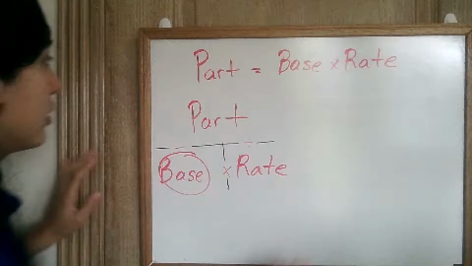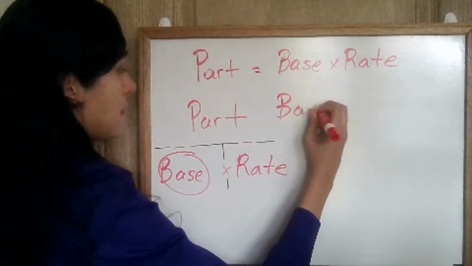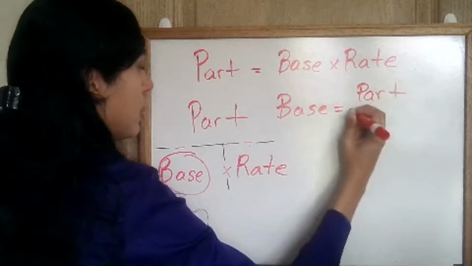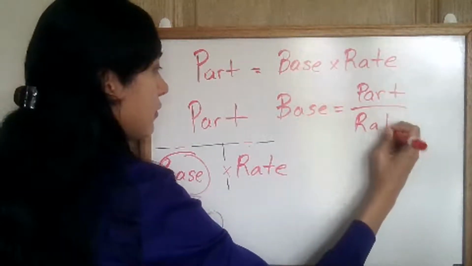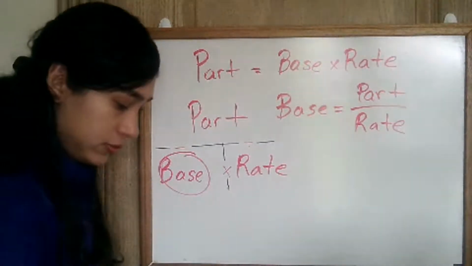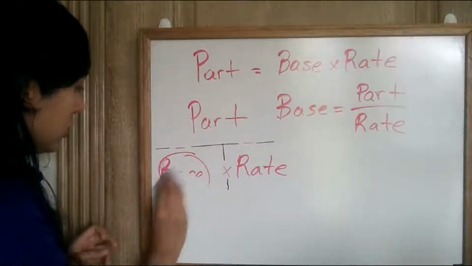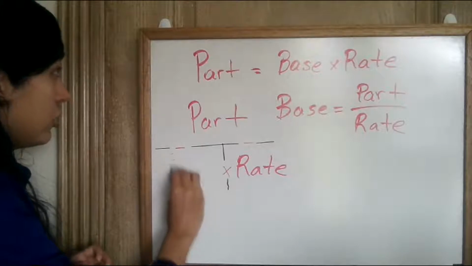I'm going to divide part by rate. Or, it's seen like this. Let's say I want to get just the rate.